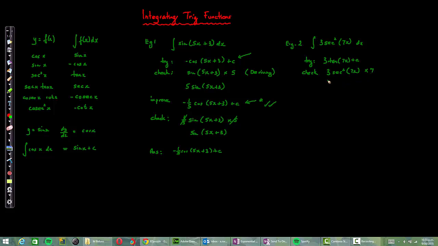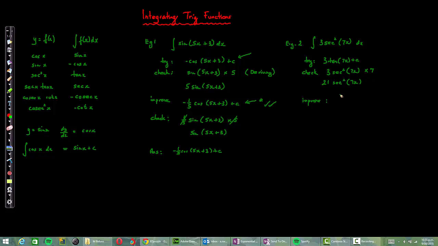So once again we're out by a factor of 7 by the looks of it, so this becomes 21 sec squared 7x, and we wanted a 3 in front, not a 21, so we need to compensate for this times 7 factor. So let's improve our answer. How do we compensate for this times 7?